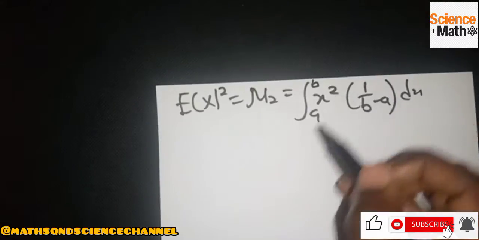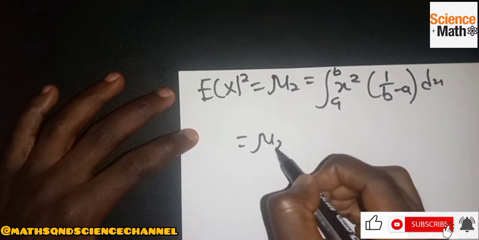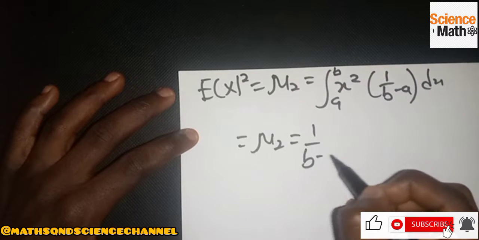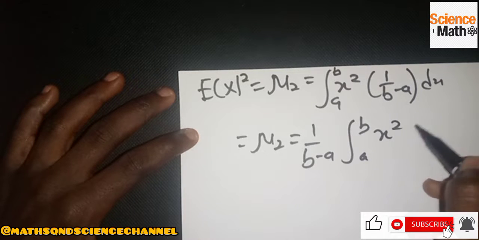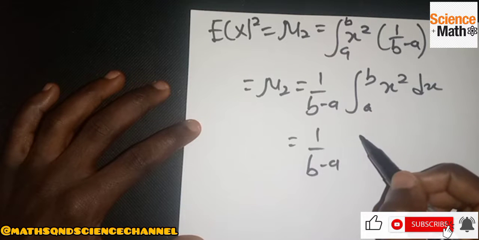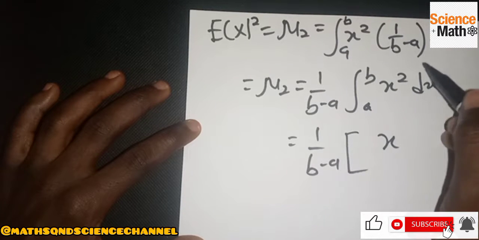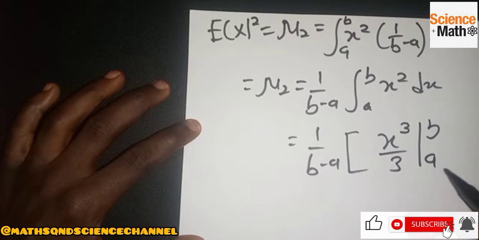So with this one we have mu2 being equal to 1 over b minus a outside here, and then what we'll do is to integrate this. So integrating that, we add 1 to the exponent, and then we divide. So x cubed here, and then we have b and a as the limits.